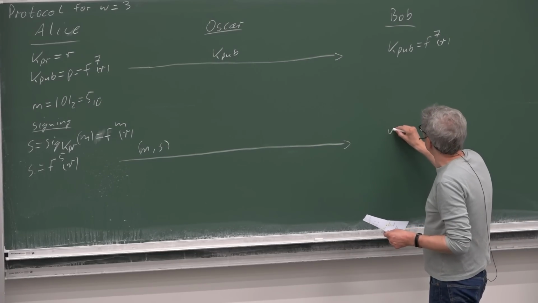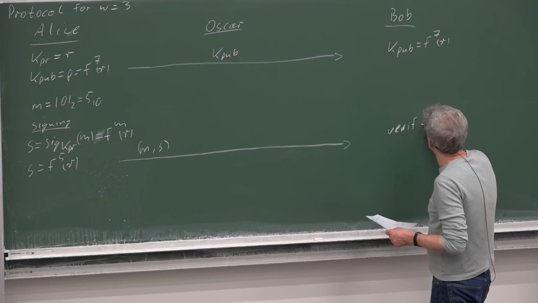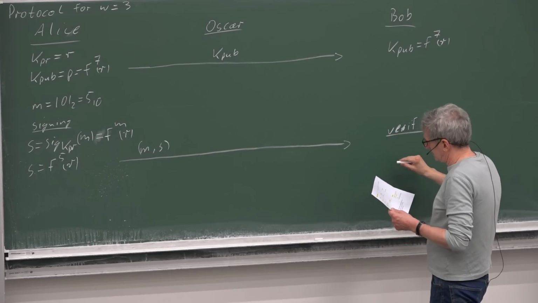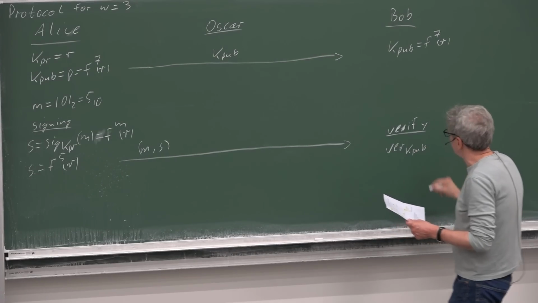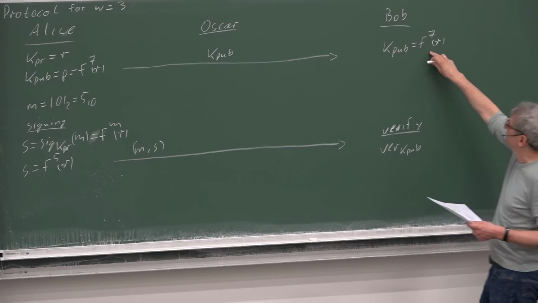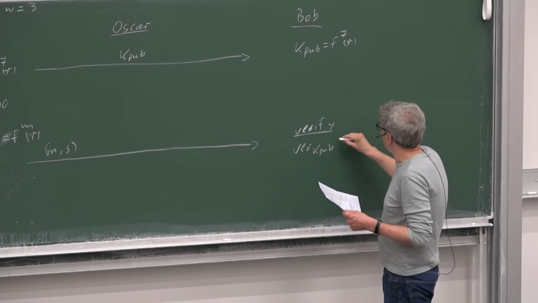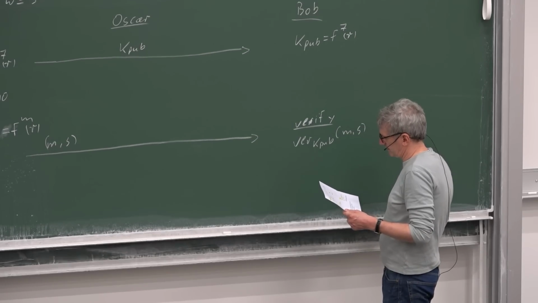Now Bob would like to verify. In general terms, the input to the verification algorithm is K public, M, S, right?